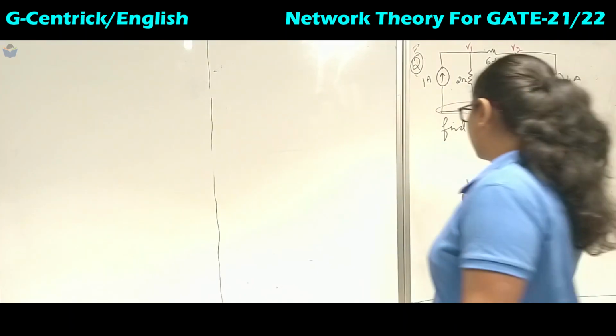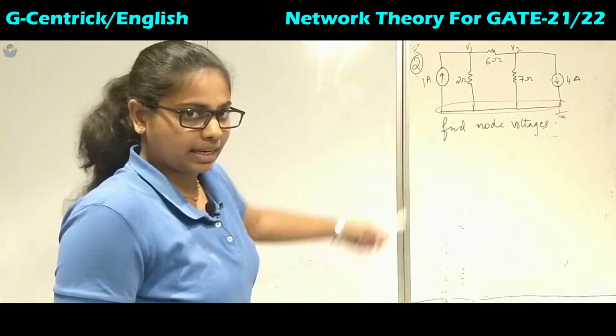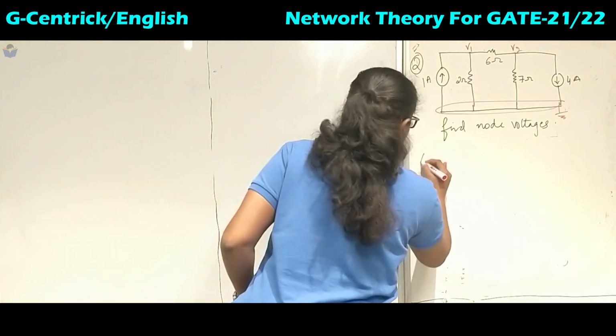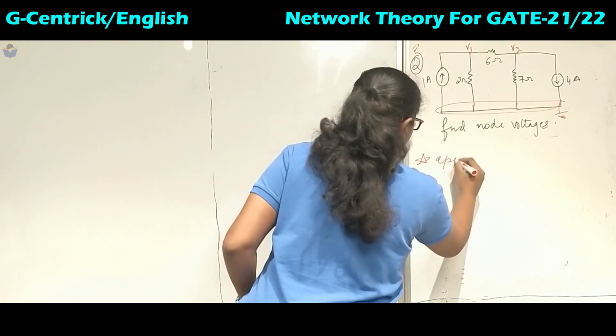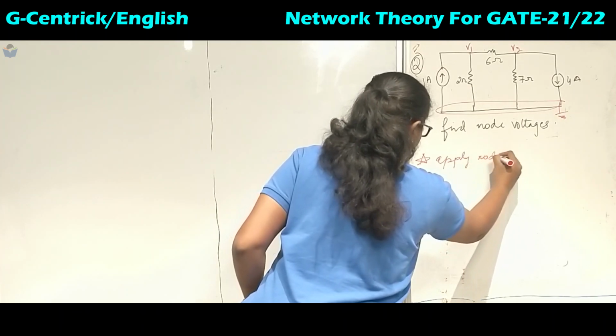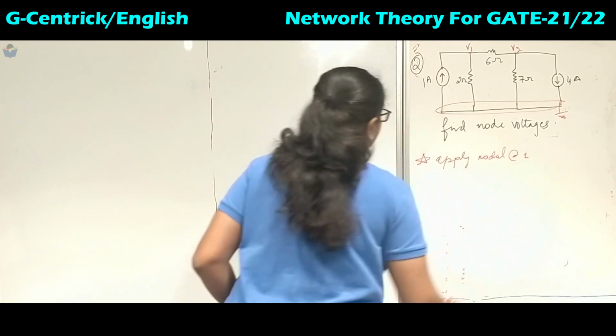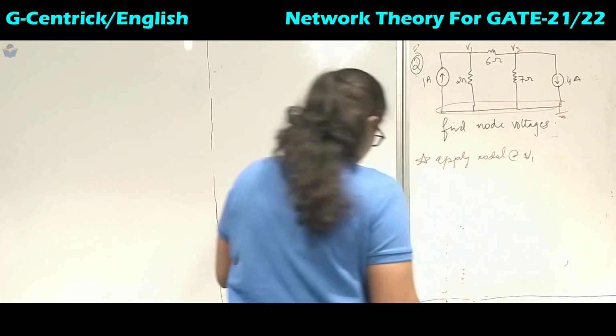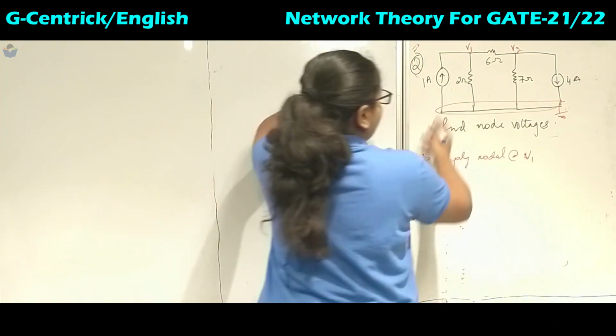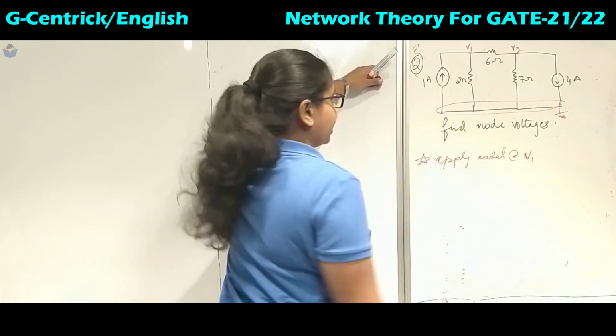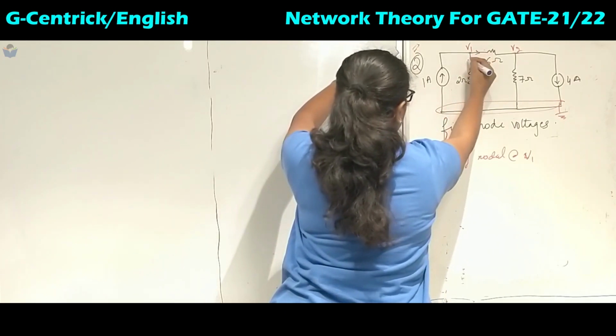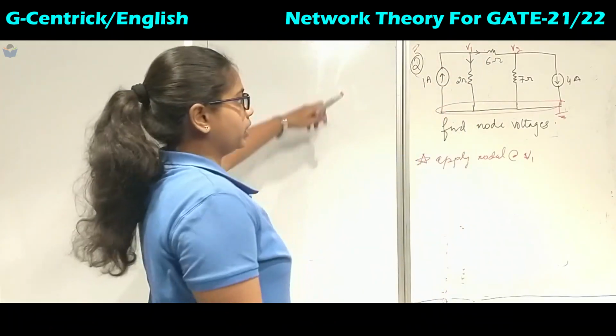Now again apply KCL at node 1. Apply nodal analysis at V1. Which is the higher potential? V1. How many branches are connected? 1, 2 and 3. This is the incoming current.